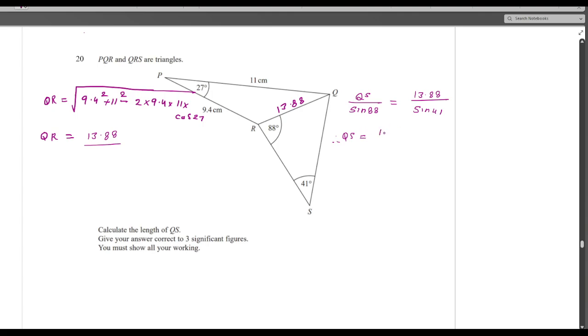Your value of QS is 13.88 divided by sine of 41 multiplied by sine of 88. So 21.14. QS is 21.14 centimeter.